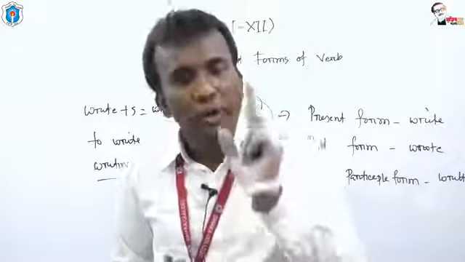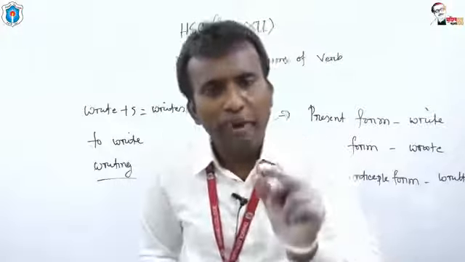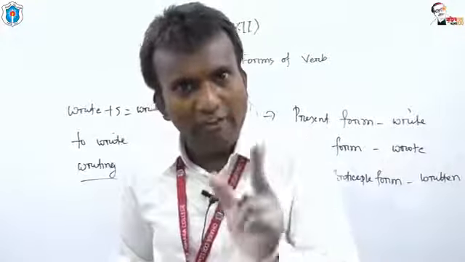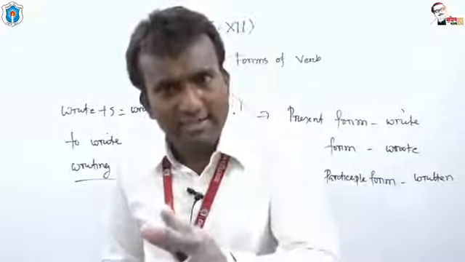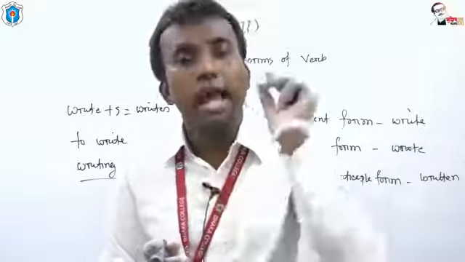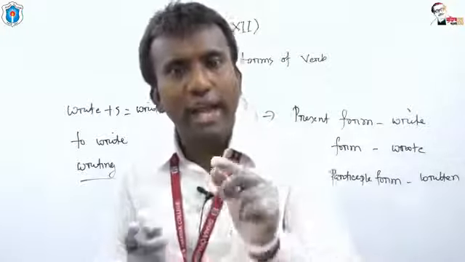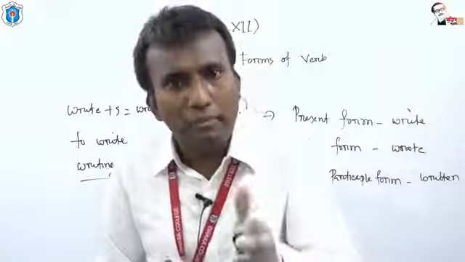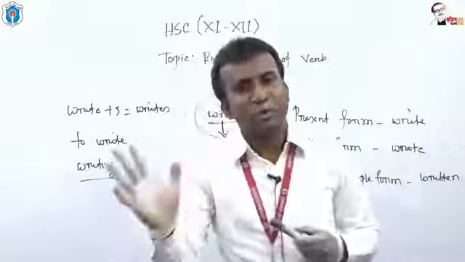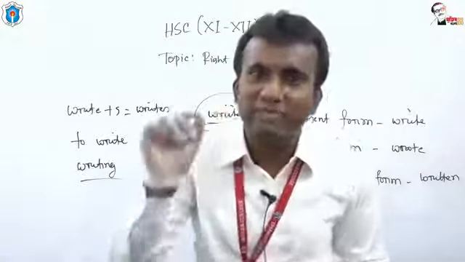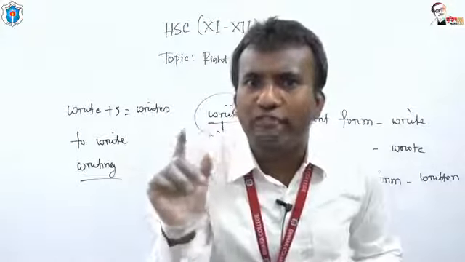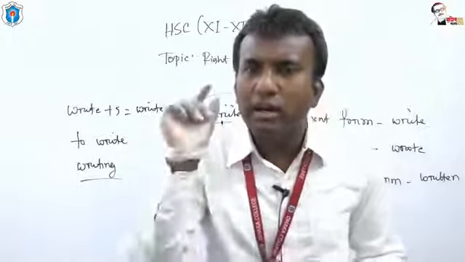This is why we can say right forms of verb refers to the process by which we accept or we take the appropriate form of verb according to person, number and tense. So what is right forms of verb? Right forms of verb is a process by which we accept or take the appropriate form of verb according to person, number and tense.